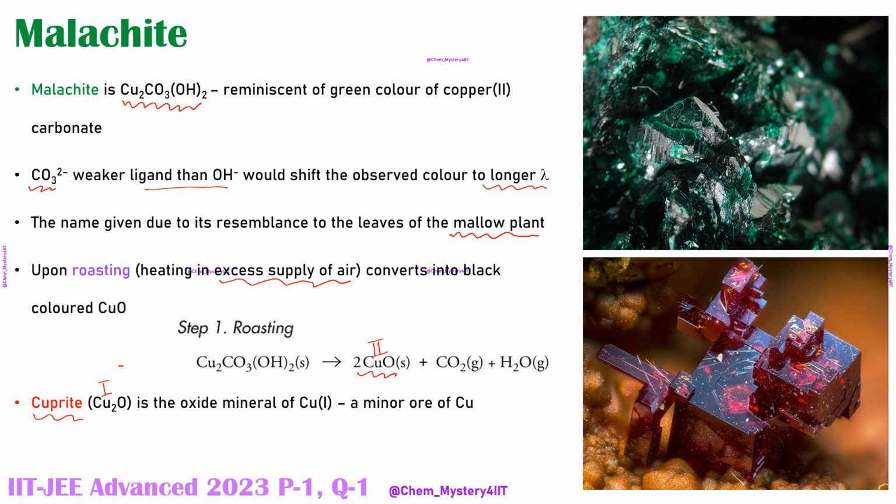When they say malachite is being heated and cuprite is formed, that is technically wrong. Even if cuprous oxide had been formed, saying that malachite upon roasting gives cuprite would not have been correct.